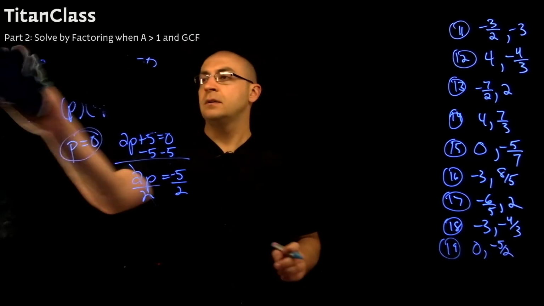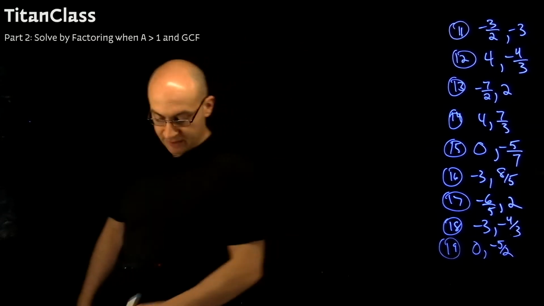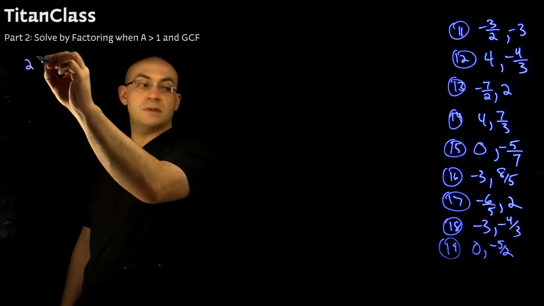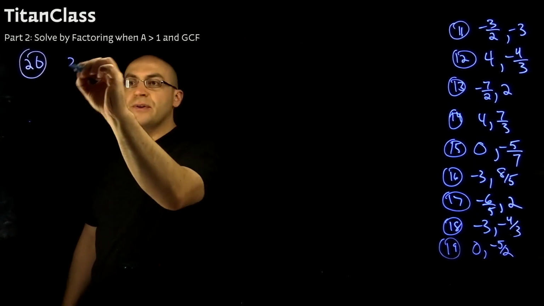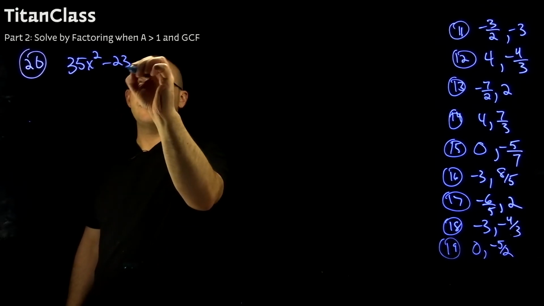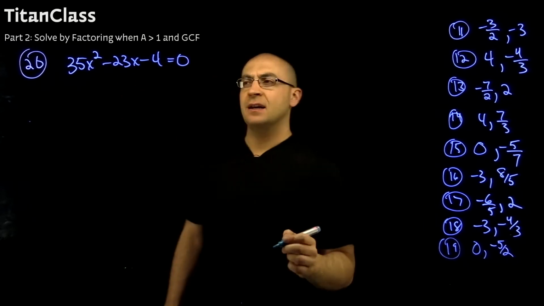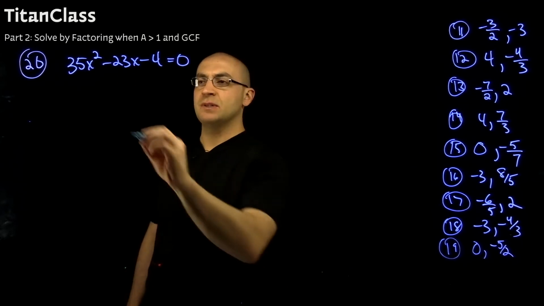Okay. One more. And it's kind of an ugly one. It's number 20. 35x squared minus 23x minus 4 equals 0. Okay, we don't usually see ones like this.